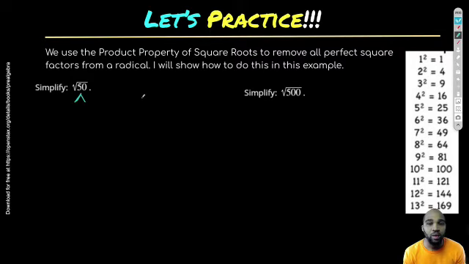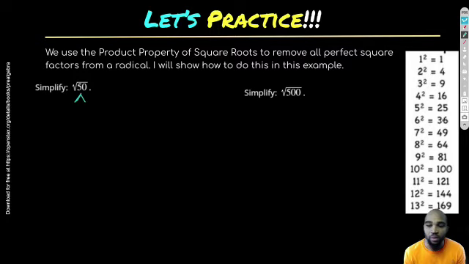It's going to be a lot quicker if you take out the highest perfect square factors that exist within this 50. I could break it down into square root of 10 and 5, but it'd be more ideal to think through what are some factors of 50 that are already perfect squares. As I go down this list, I'm going to start with the highest and move my way up because it's a lot faster if I do it that way.